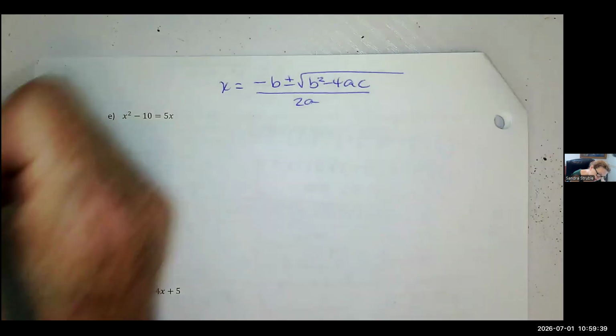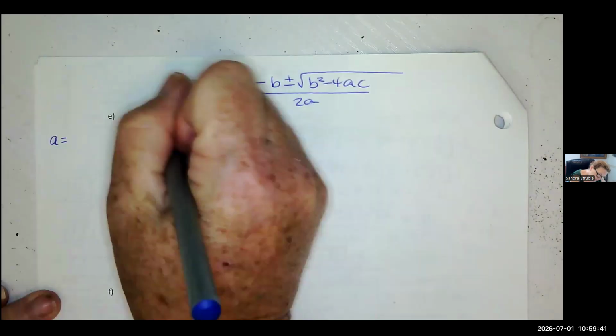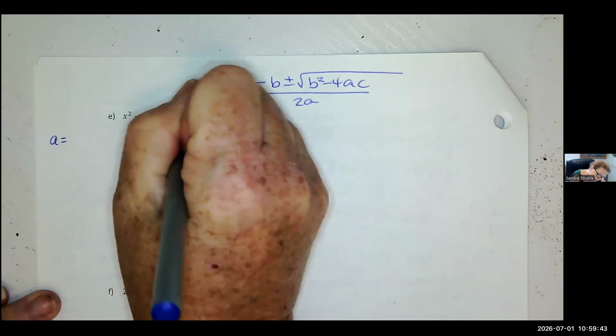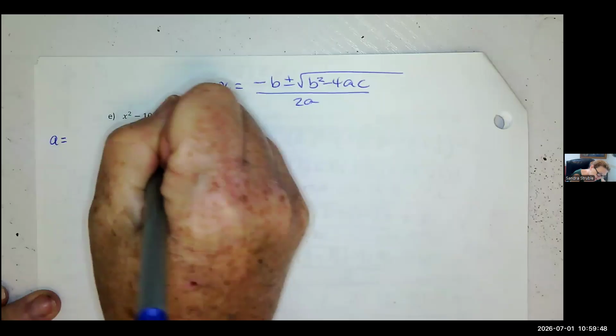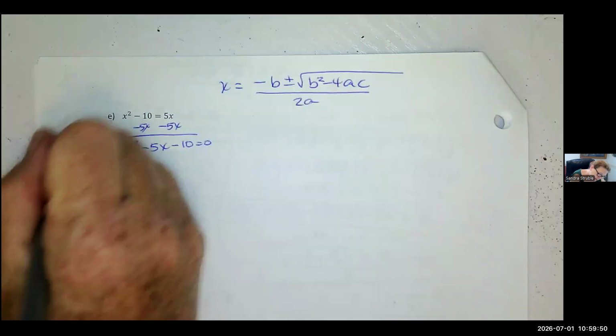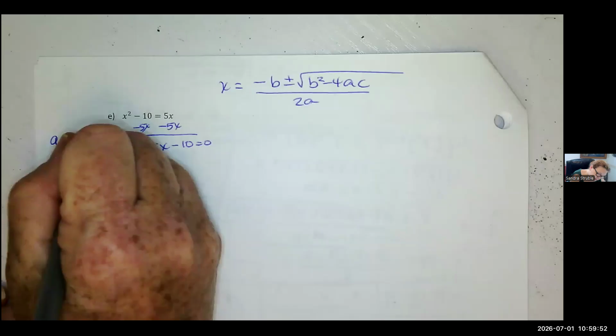First thing I need to do here is move that 5x over. Okay, A is 1, B is -5, and C is -10. Now let's substitute.